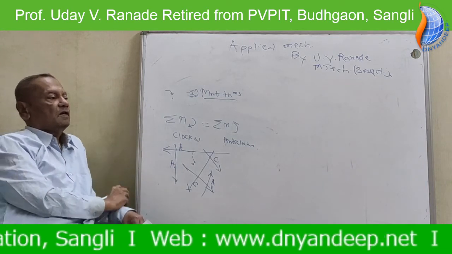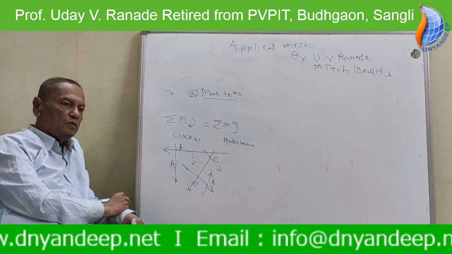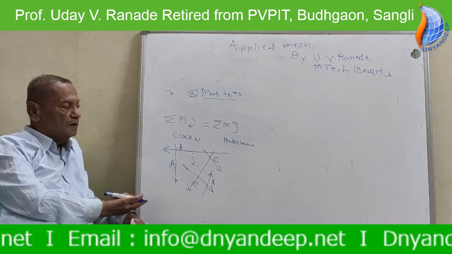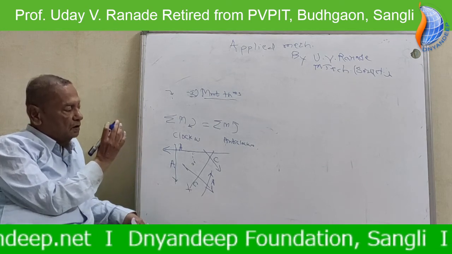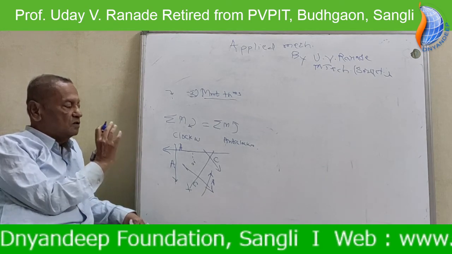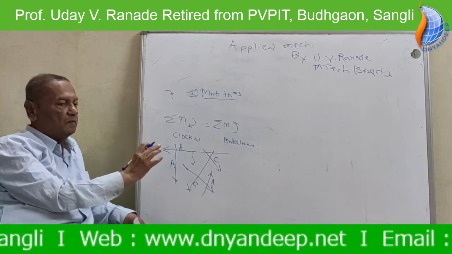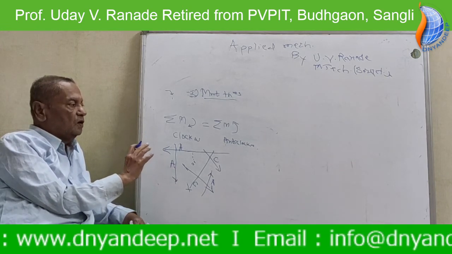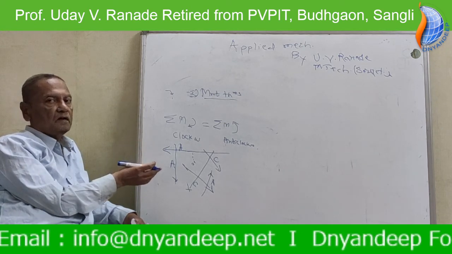Now force, perpendicular distance, taking moments, that you know. That need not be explained. That you have understood. The theorem you should understand: what is a clockwise moment, what is an anti-clockwise moment. So when a system of forces is given, your work is to find all moments which are in clockwise direction and add them.